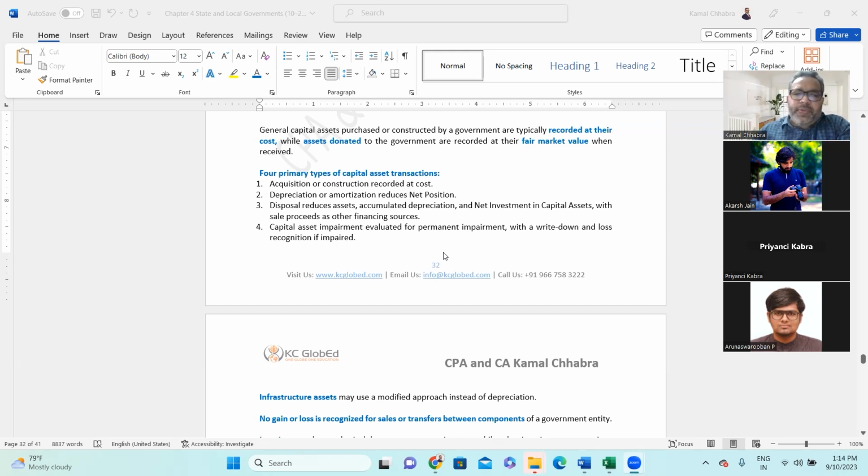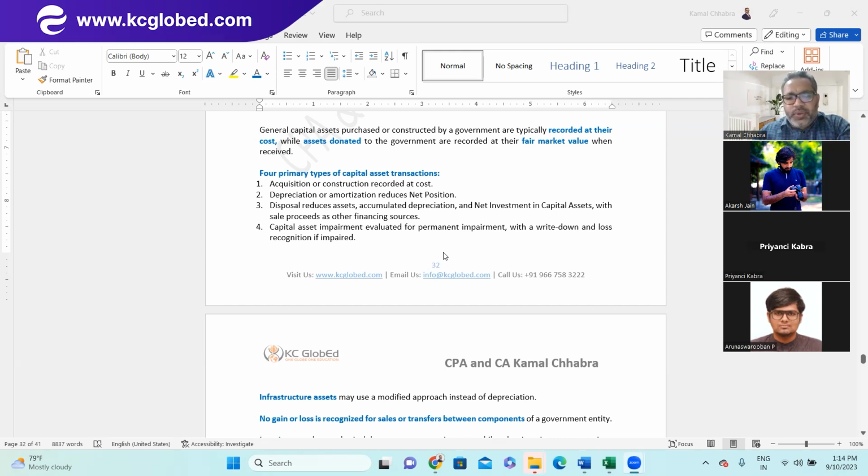So there are four types of capital assets. One is acquisition or construction, which is your property, plant and equipment that you need to depreciate, or if it is intangible, that will go to amortization, right? Second is disposal. Third one is disposal, reduce assets, accumulated depreciation, net investment in capital with the sale proceeds for any financial resources.